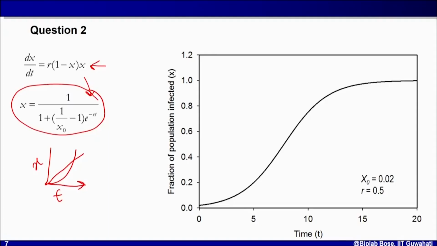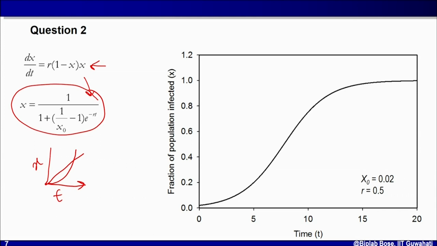Once a considerable number of people get infected, the rate of spread of the infection increases further. So in the middle we have a sharp rise, and then ultimately it saturates at 1, that is 100%. That means by 20 days, most of the people in my population are infected.